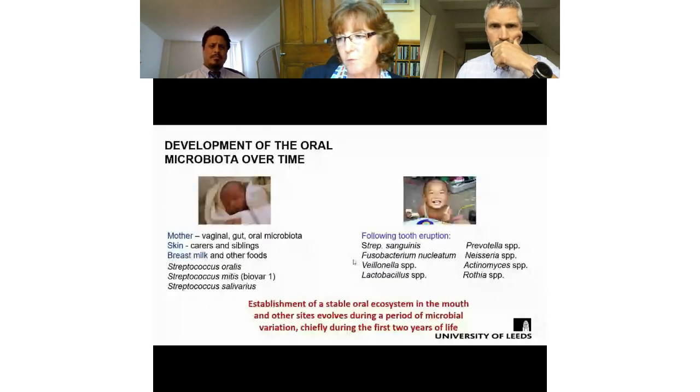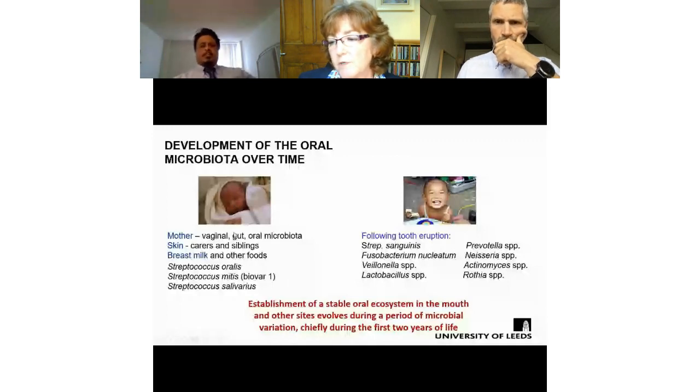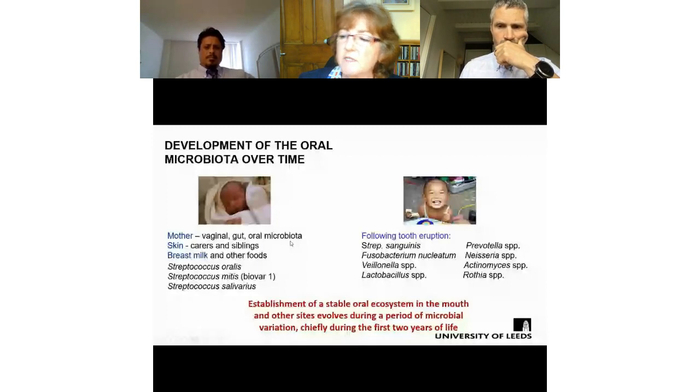So in terms of the way that these populations develop over time, we acquire our oral microbiome very early in life, so during birth, and there are documented differences between the organisms or communities that colonize babies, depending on whether they've had a vaginal birth or Caesarean-section birth. So babies acquire their organisms from a variety of sites, and also from close carers and siblings, from breast milk and also other food sources.